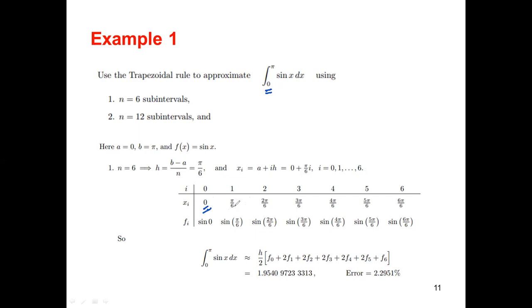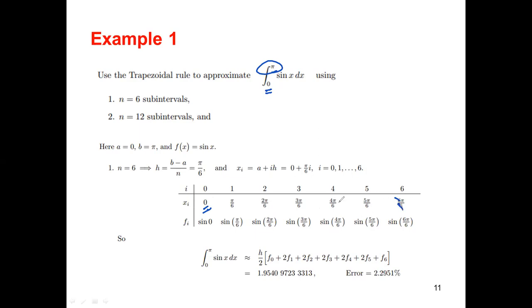So this is pi over 6 for the first division. You add another pi over 6, that would be 2 pi over 6. You add another pi over 6, that would be 3 pi over 6, until you reach the upper limit, which is pi. The 6 pi over 6 is also pi.